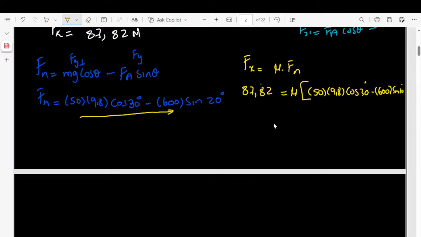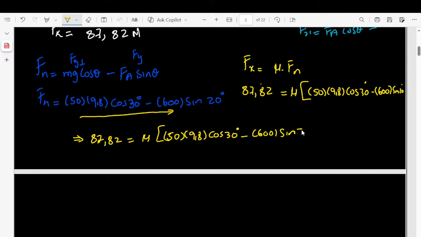I hope everyone can see that, but we're going to rewrite the equation down here so that you guys don't get confused. This is 87.82 is equal to the coefficient of 50, 9.8, the cos of that 30 degrees, minus 600, the sine of 20.